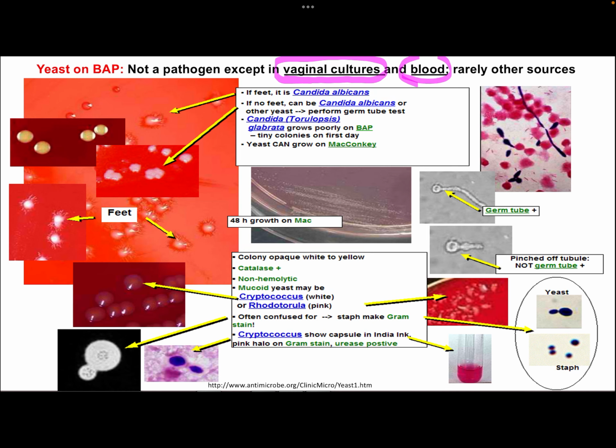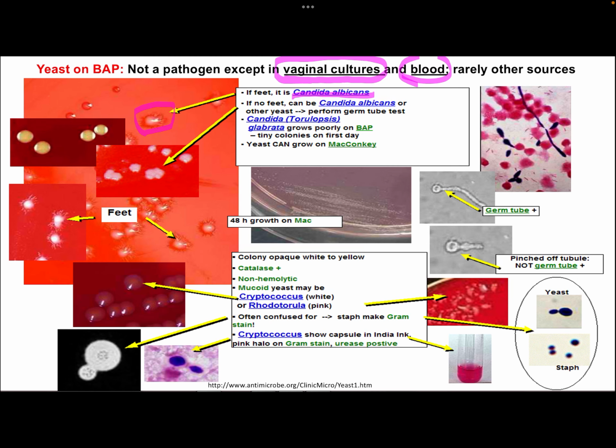One of the clues that you can look for if you really want to identify or isolate Candida is the feet projections at the edge of the colonies. If it has feet, then it is suspected to be Candida albicans. However, if it doesn't have feet, it can also be Candida albicans, because other colonies would tend to have smooth margins, and they would look like the colonies of Staphylococcus aureus.